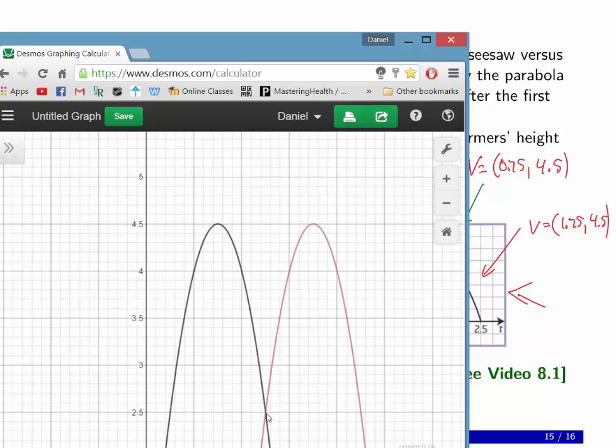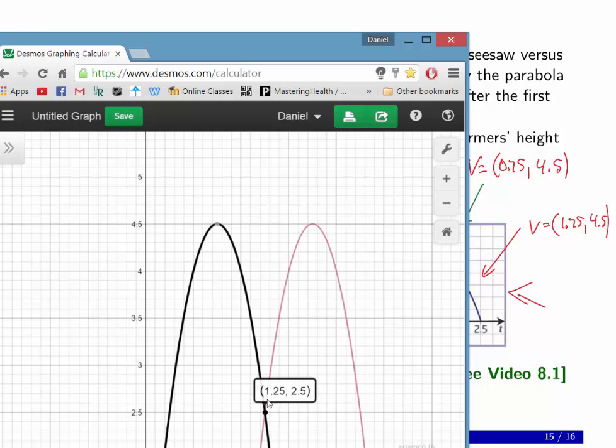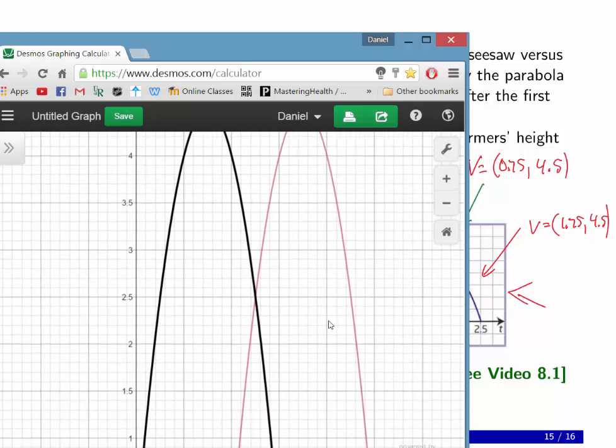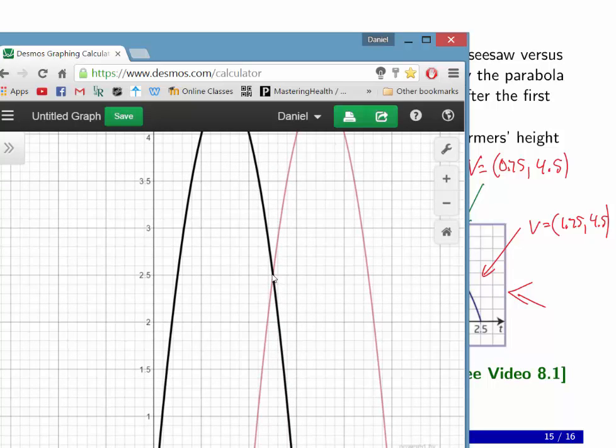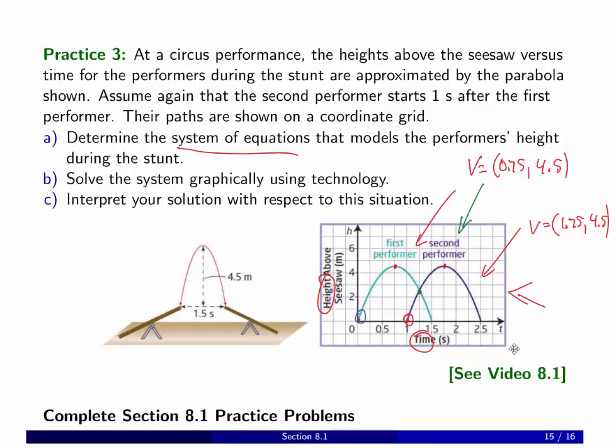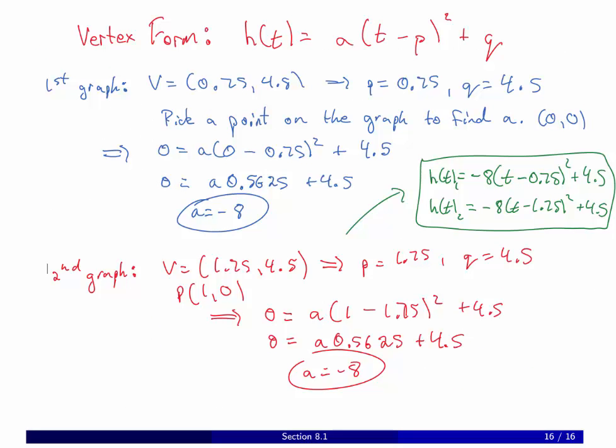So we take a look at that, right there. Okay. 1.25 and 2.5. Which when you look at this, 1.25 completely makes sense. 2.5 looks completely correct, and so that is our solution.